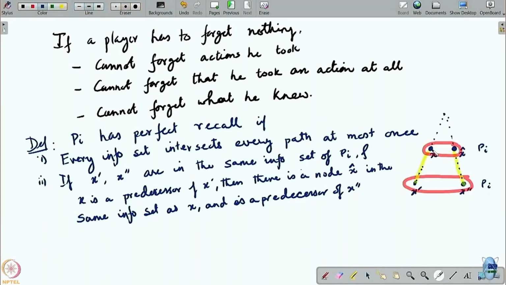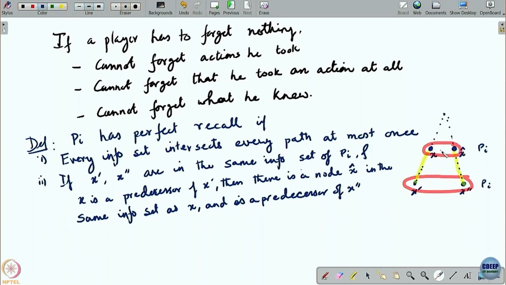He then took two different actions, which would lead to x dash and x double dash, but now he does not remember which action was taken because he cannot distinguish between x dash and x double dash, right. So these two cannot be the same node. They have to be in the same information set, but cannot be the same node, because then it would mean that he has forgotten the action that was taken.